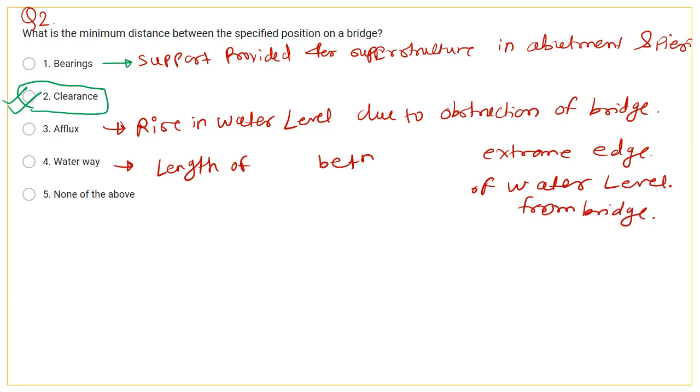Okay, so this is about question number 2. Here clearance is the minimum distance between the specified position on the bridge. Then next question.